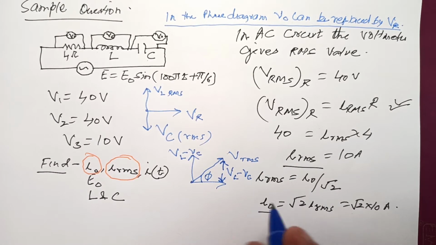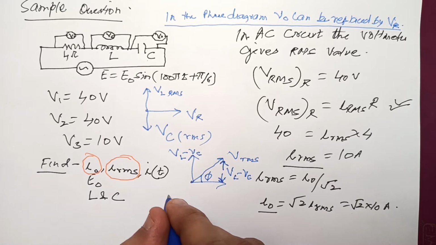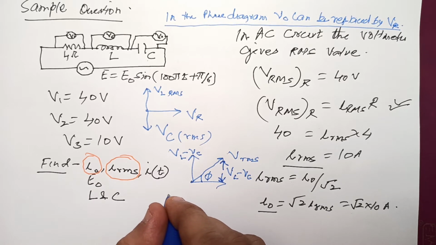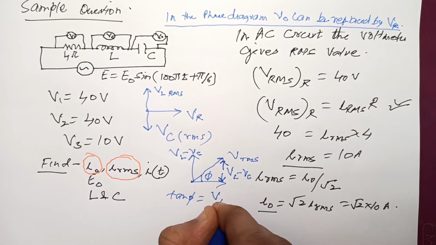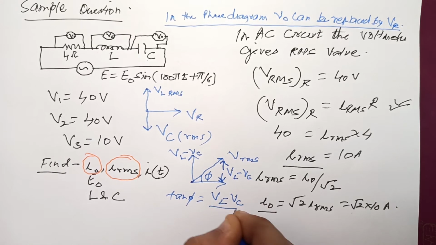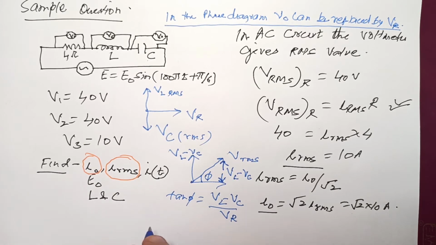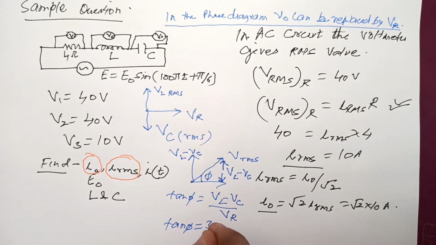So from here I can say tan phi is equal to VL minus VC by VR, or tan phi is equal to 30 by 40, which is 3 by 4.